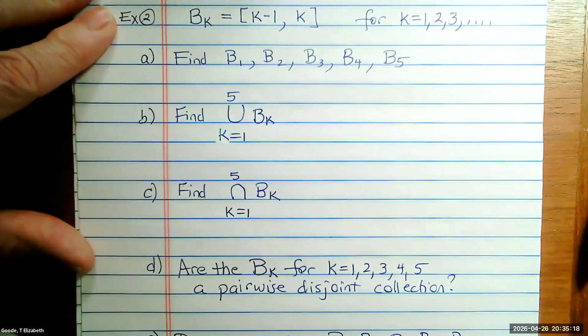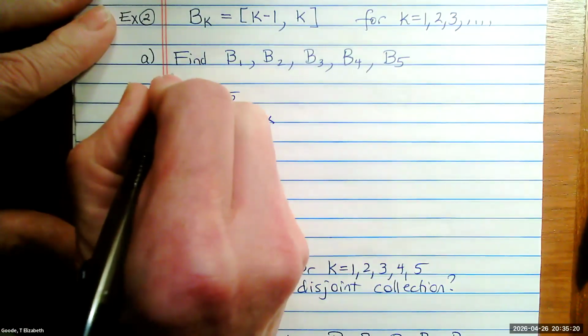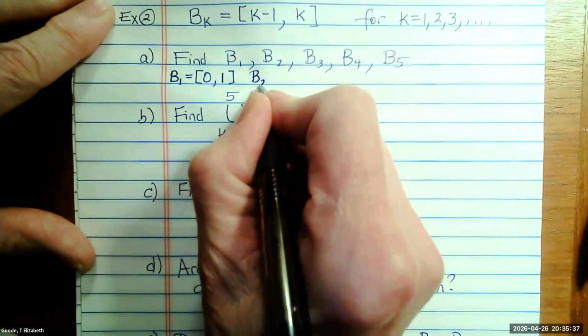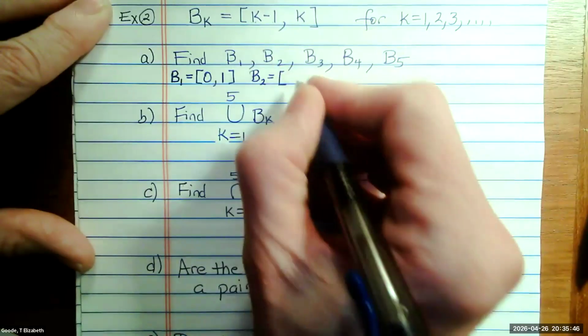So what is B1? B1, that would be k minus 1, so that would be hard bracket 0 and then 1. Good. What's B2? What's 2 minus 1?